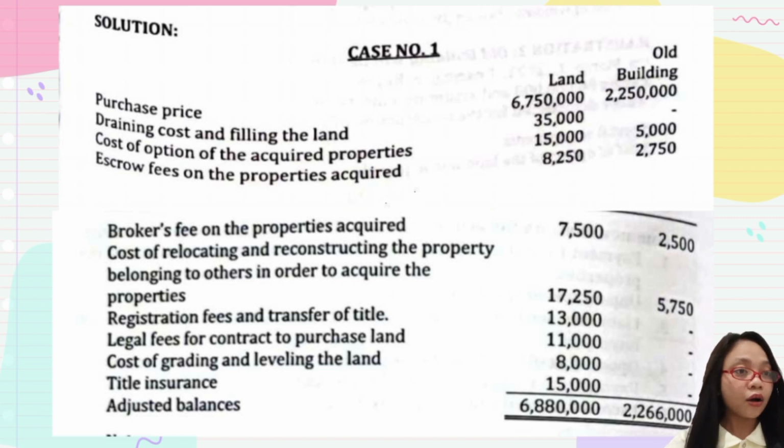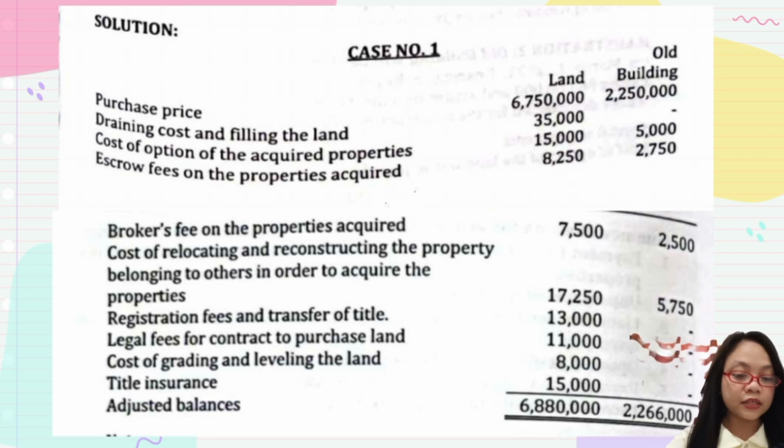So, ang cost of option of the acquired properties is 20,000. And para i-allocate nato sa land, the 75% of 20,000 is 15,000. And for the old building, naa tay 25%, and 25% sa total cost of option of the acquired properties, which is 20,000, is 5,000.